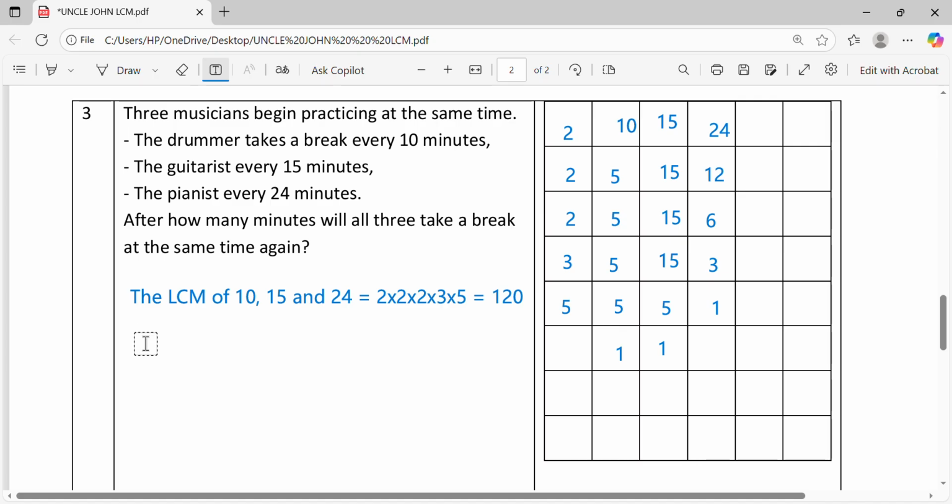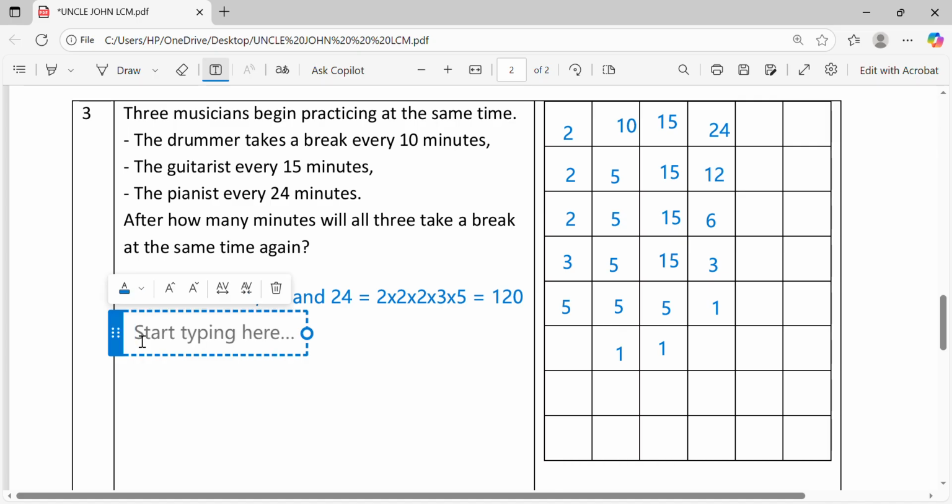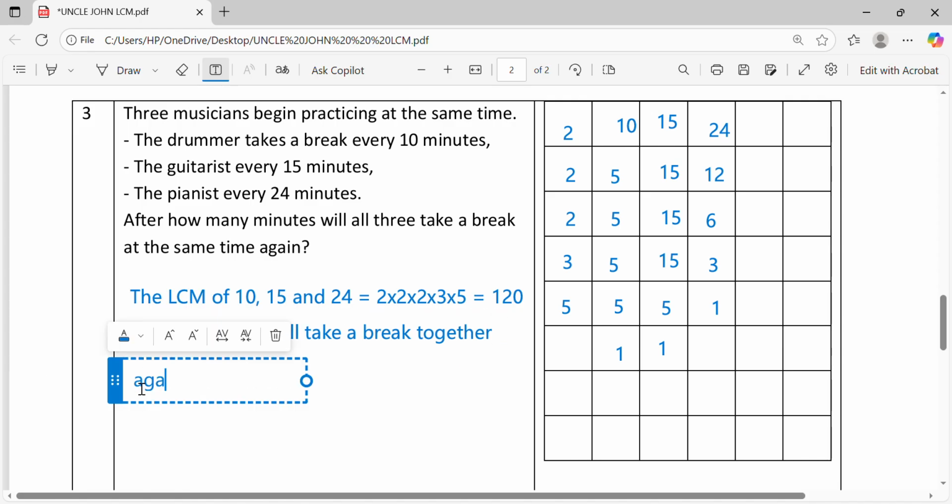So you say that all 3 tracks will take a break together again after 120 minutes.